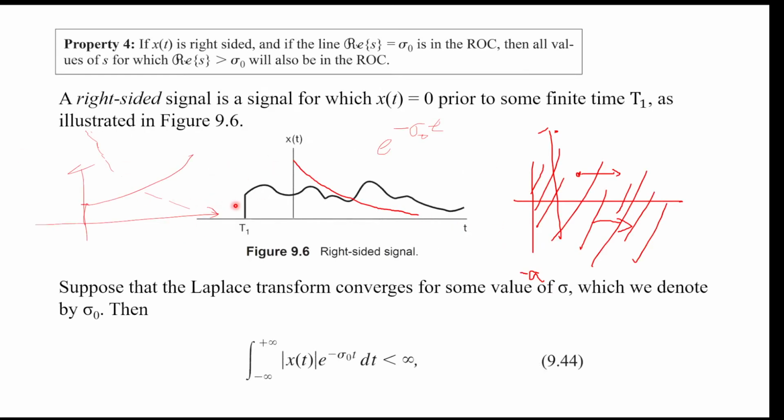But we see that the most negative t can be only t1, so here we use this cutoff at t1.